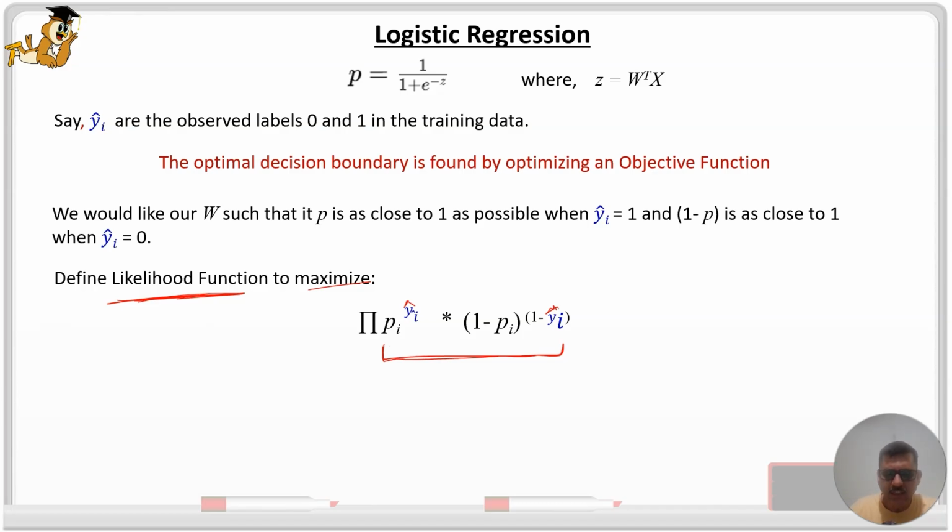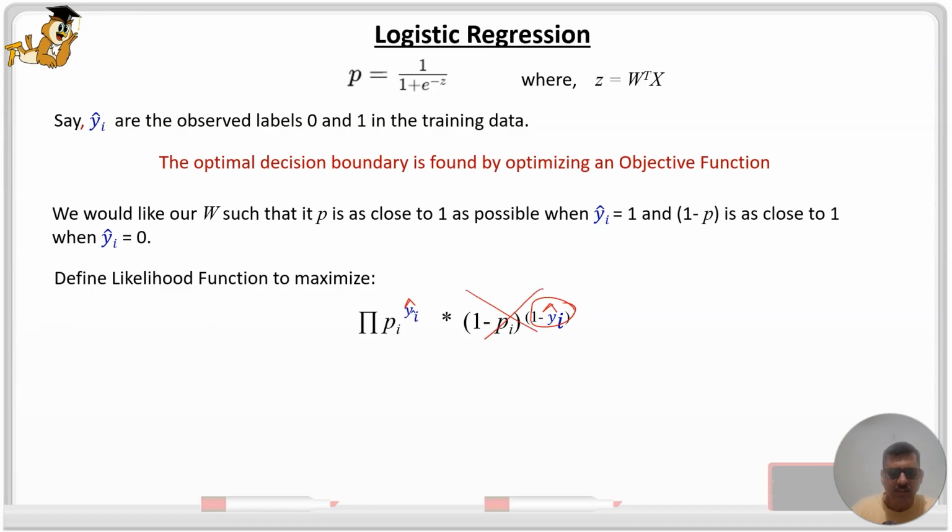Now let's stare at this equation. Let's stare at this quantity for a minute and see what we are saying. When Y hat of I is 1, 1 minus Y hat of I becomes 0, and therefore this term goes away.